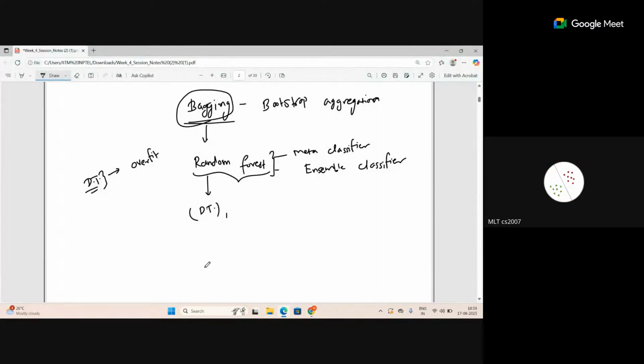So what you do in a random forest is you take the aggregation. So this is bootstrap aggregation. What do you mean by bootstrap and what do you mean by aggregation? We'll try to understand. What you try to do here is take the aggregation of different decision trees.